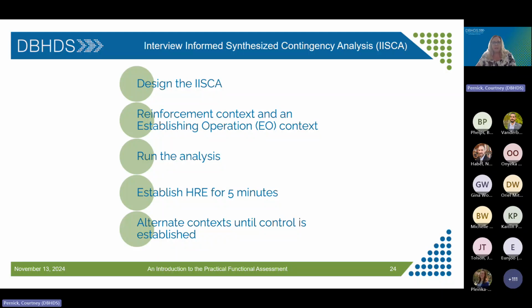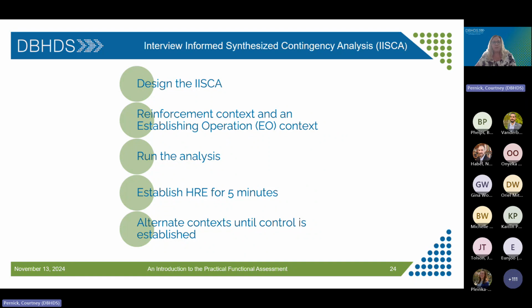Once the ISCA has been designed and the materials are gathered, you'll run the analysis. This begins with establishing HRE, which is happy, relaxed, and engaged, in the reinforcement context. Once the individual is displaying HRE for at least 5 minutes, begin alternating between test and control conditions, or between EO and reinforcement context.